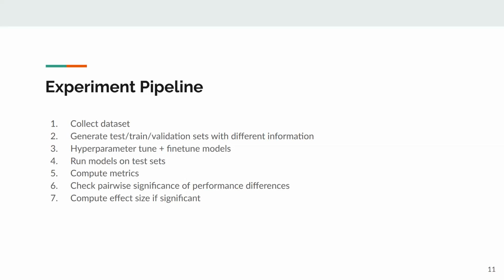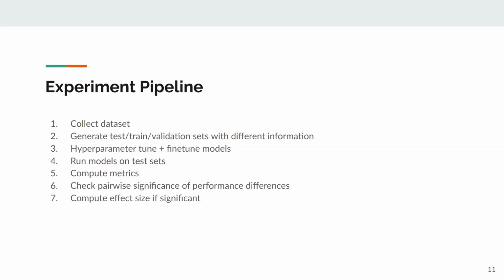And then using these different variants of our data, we fine-tune code completion models and run them on test sets with these specific types of information. We can then use the predictions by these models to compute some metrics, which we then use to check whether there are significant differences when we have specific types of information present or not present.